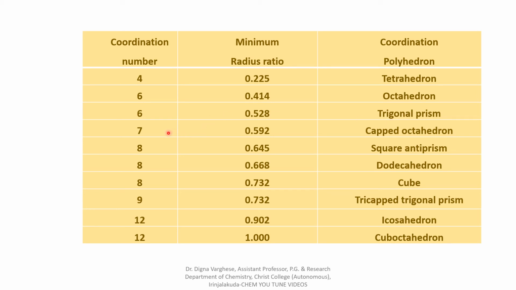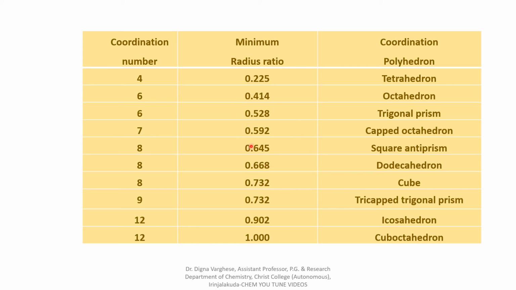And coordination number 7, it is about 0.592 radius ratio. It is a capped octahedron. There are 8 coordination numbers with different radius ratios: 0.645 for square antiprism, 0.668 for dodecahedron, 0.732 for cube.